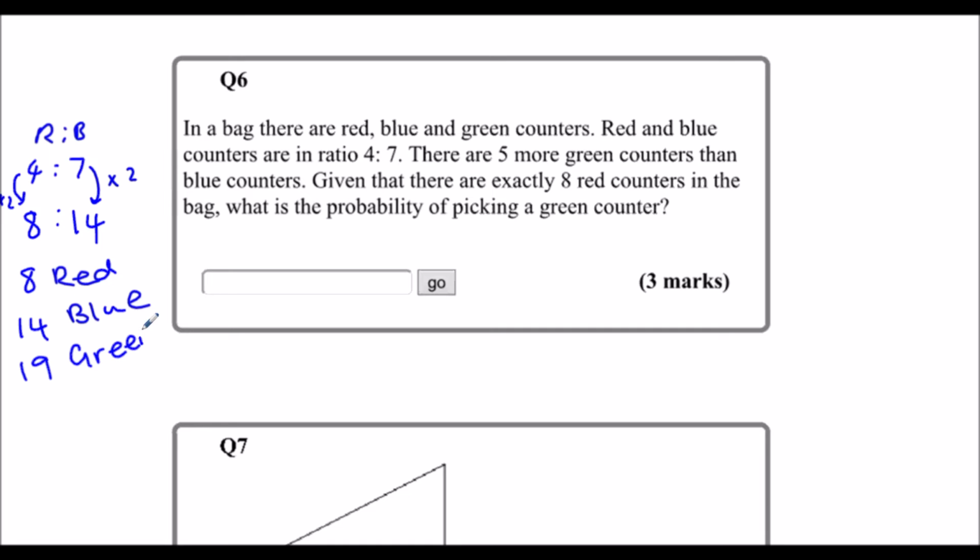So there's 19 green. So what's the probability of getting a green? So how many green, which is 19, out of how many in total? 19 plus 14 plus 8 is 41. So the probability of getting a green is 19 out of 41.